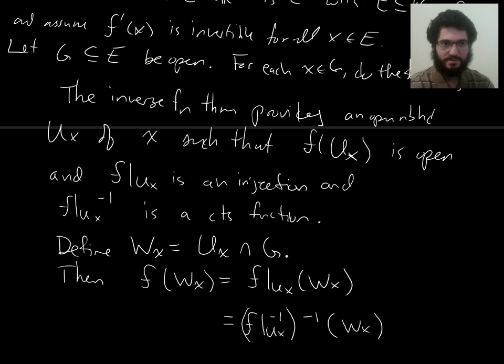Let me try to make clear what's going on. I know that this is a continuous function, and here I'm taking the preimage of an open set under that continuous function. So that is open.